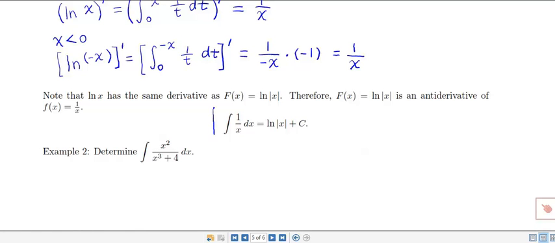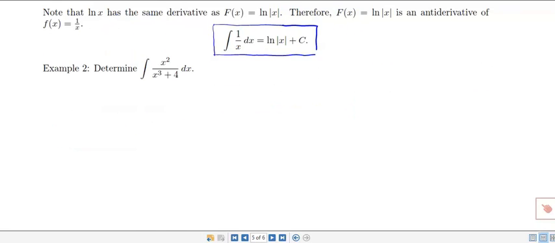And we have this integration formula: integral of 1 over x dx equals ln of absolute value of x plus c. Now we will apply this integration formula to solve some definite and indefinite integrals.